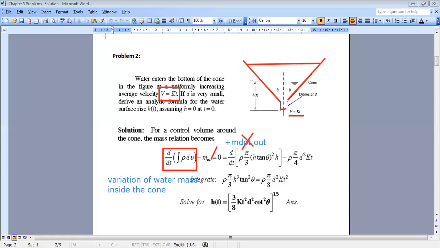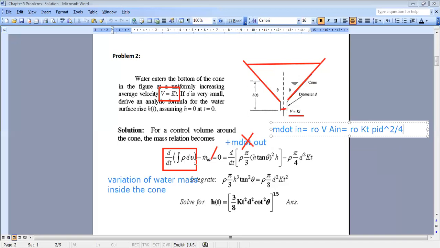So m dot in is simply equal to rho times the velocity V times the area of the inlet, which is equal to rho, the velocity is kt, times the inlet area, which is pi d squared over 4. So this is the expression of m dot in.